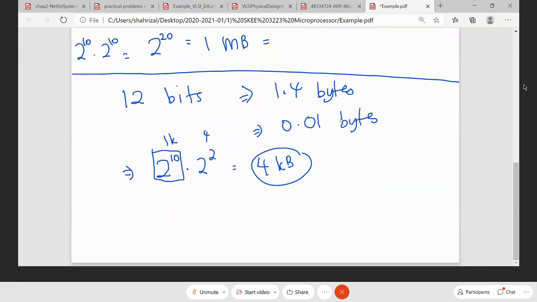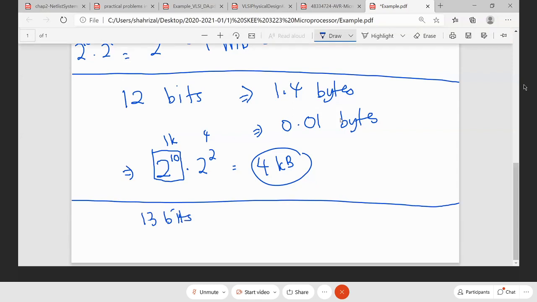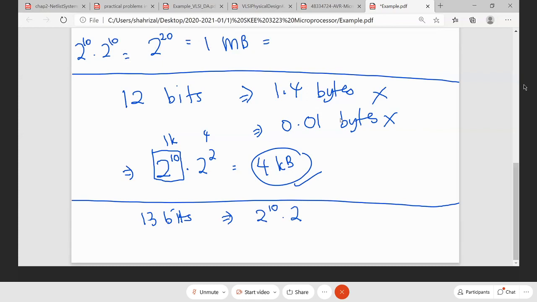All right, let's take another number. Let's say you have 13 bits of memory. How do you calculate it in terms of bytes? So you change it in terms of power: 2 to the power of 10 and 2 to the power of 3, since it consists of 10 and 3. 8 kilobytes, sir.